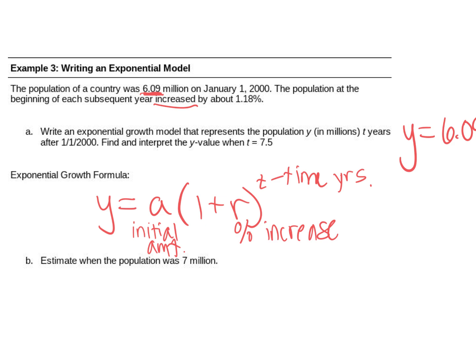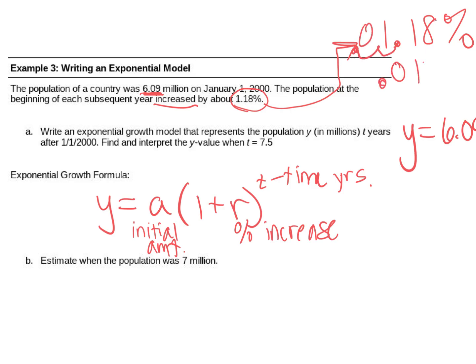I don't know what confused me for a minute. We have to turn it into a decimal before we can use it in the problem. So 1.18%. I take that decimal and I move it 2 spaces to the left. So you get 0.0118. That is my percent of increase or decrease. And then we're going to raise it to the t power.